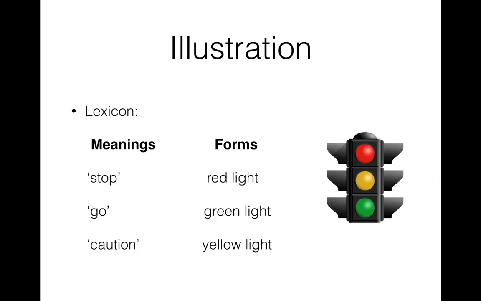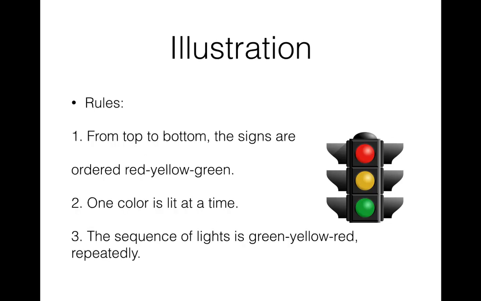Now you can already imagine if both the red light and the green light came on at the same time, what would you do? That's counterintuitive to what you would do at a traffic light. You can't both stop and go at the same time. You have to choose one or the other.